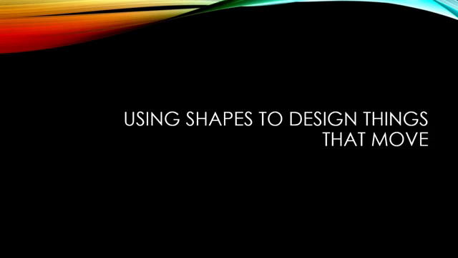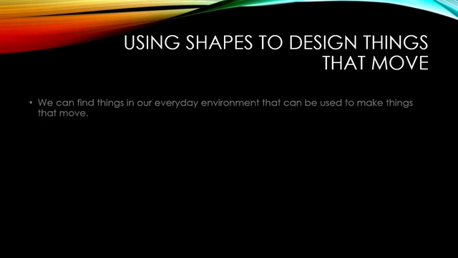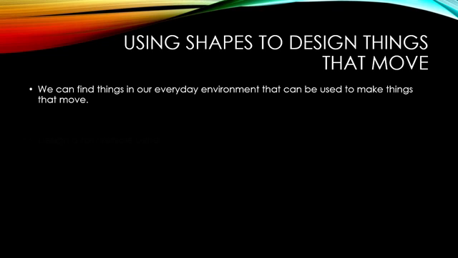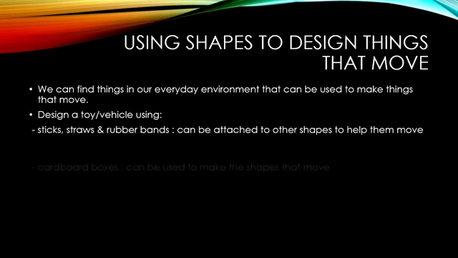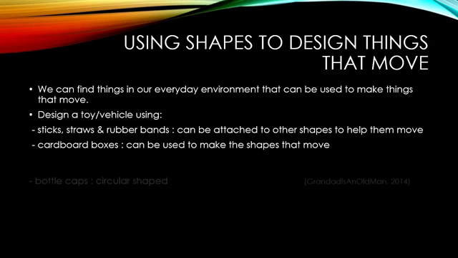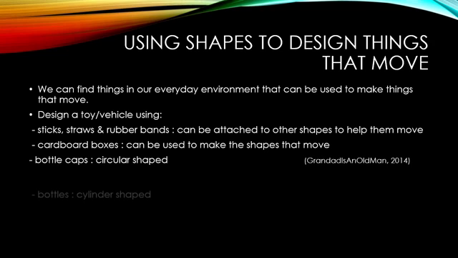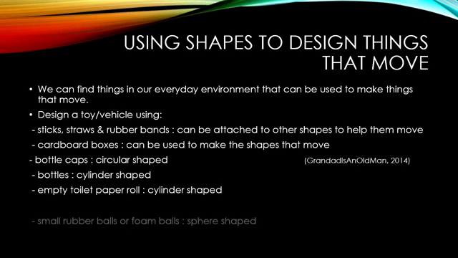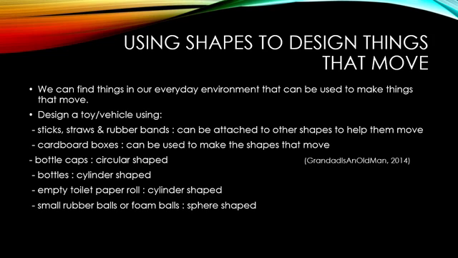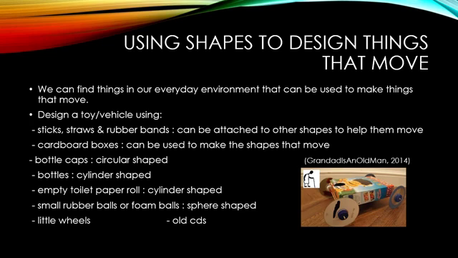So how will we use these shapes to design things that move? We can find things in our everyday environment, at home, at school, outside, that we can collect and use together to make things that move. We can design a toy or vehicle using various things. We can use cardboard boxes to design the body of our toy or vehicle: cardboard boxes, cereal boxes, tissue boxes, shoe boxes, and so on.